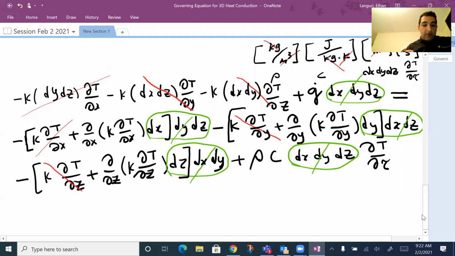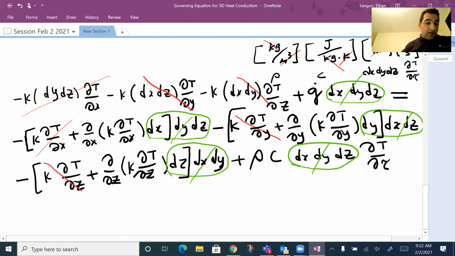I start here. What I'm going to do is bring these terms with the negative sign to the left-hand side of the equation, so they become positive as they move to the other side of the equation. For example, in this case, I will have minus del over del x. With minus, going to the other side becomes positive.